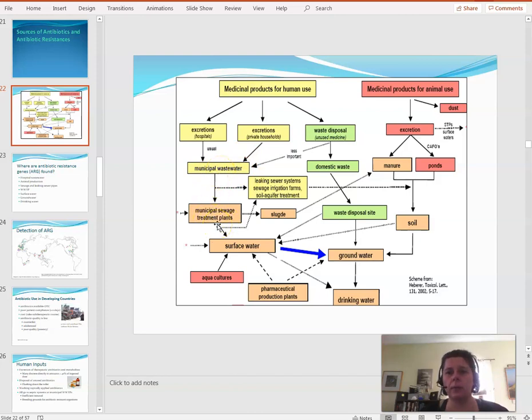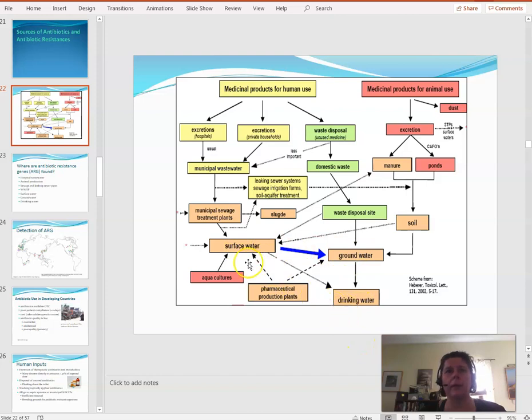The whole purpose of wastewater treatment plants, and you'll learn more about this, is to decrease the amount of organic material, and you use bacteria to eat the organic material. Well, antibiotics are antibacterial, so a lot of times they survive inside of a wastewater treatment plant. The effluent from the wastewater treatment plant is disposed of into surface water. That can get into our groundwater.